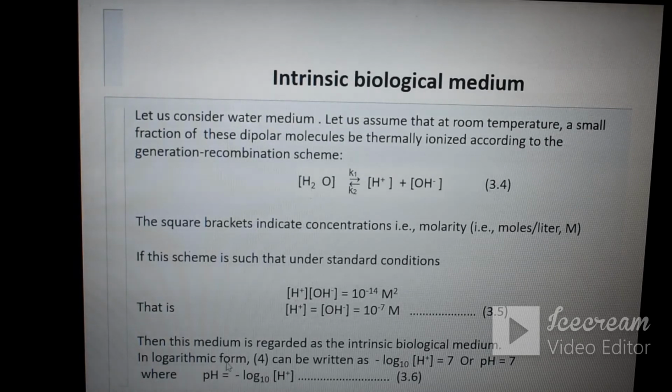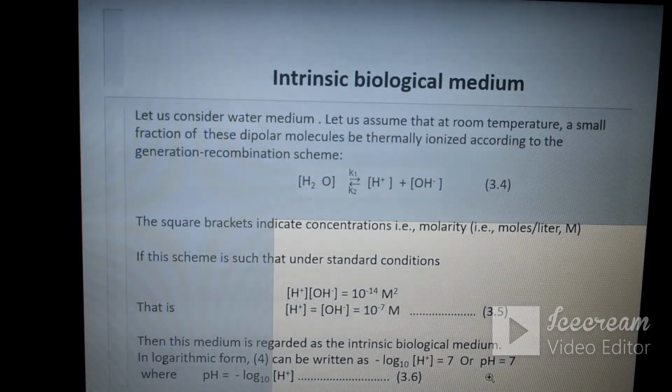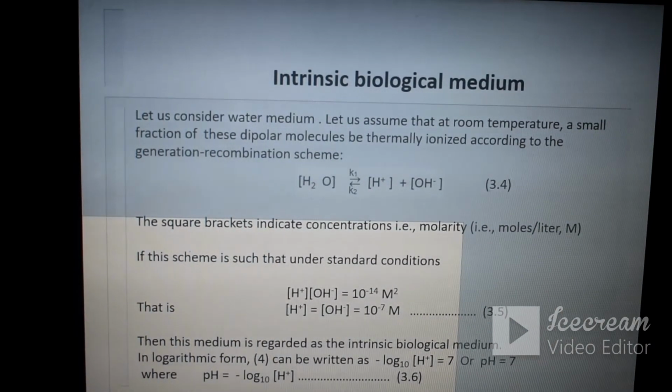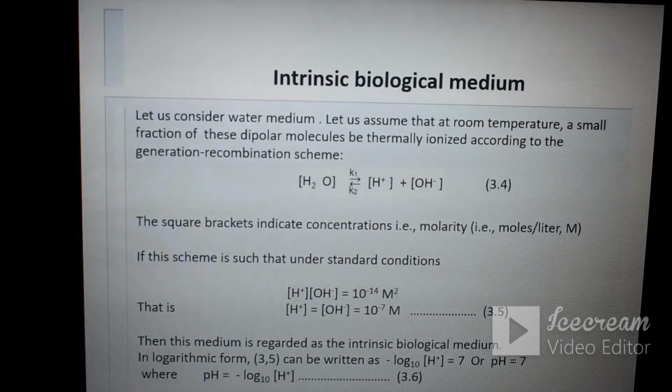In logarithmic form, this equation 3.5 can be written as minus log to the base 10 of hydrogen ion concentration equal to 7, or pH equal to 7, where pH equal to minus log to the base 10 of hydrogen ion concentration, equation 3.6.